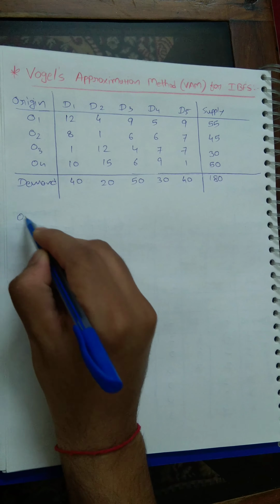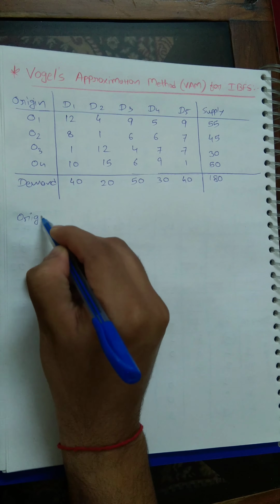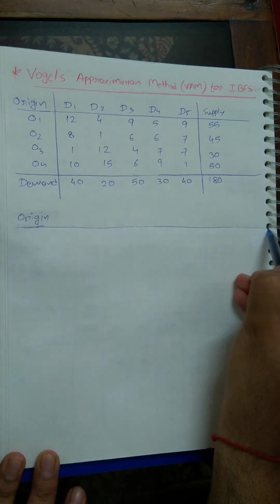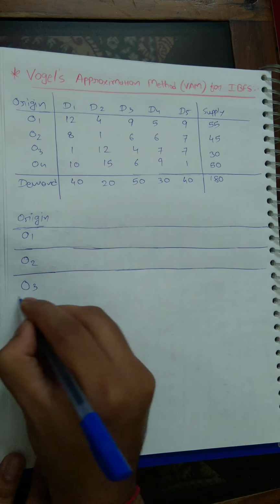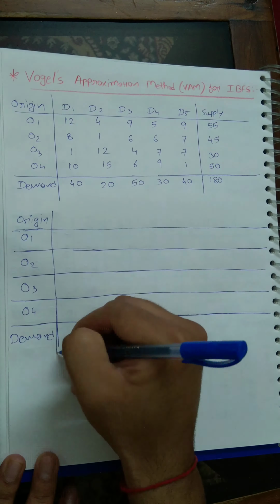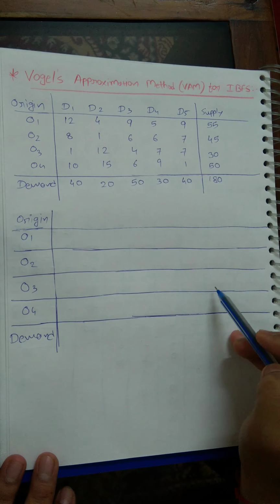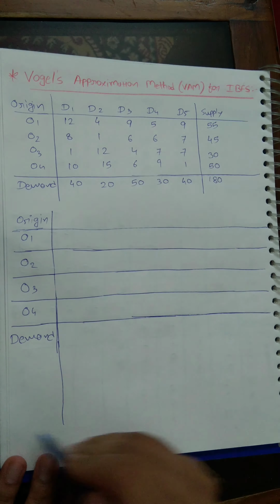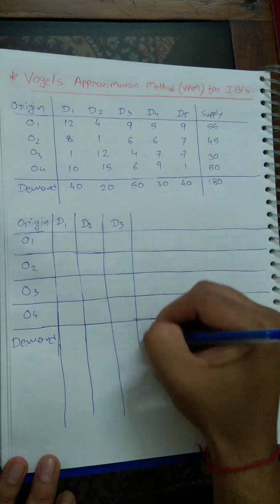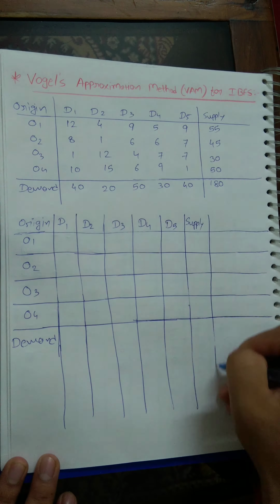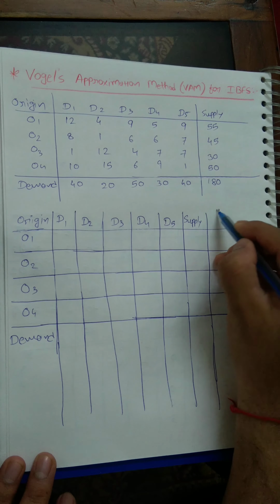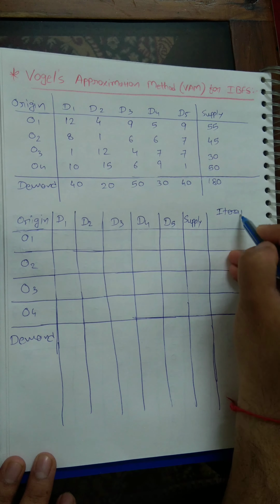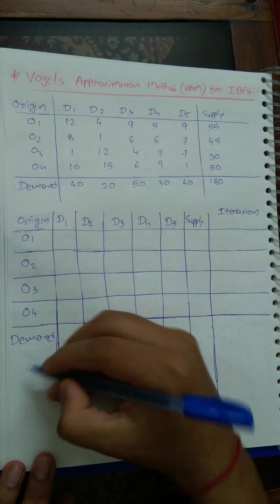As usual we need to make the transportation table. As you can see, I am writing this table in cell structure. Now in this particular method we need to keep some space on the right side as well as on the bottom side of the table for iteration.